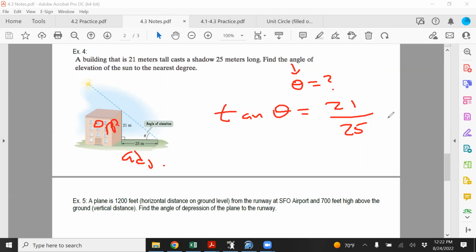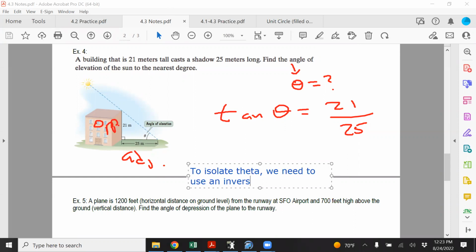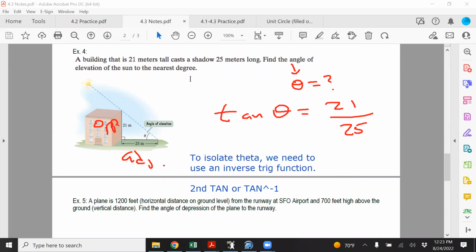The tan of theta is 20 over 25. Now, this I've not taught you guys yet. You need to isolate theta. I'll show you right now. To isolate theta, we need to use an inverse trig function.